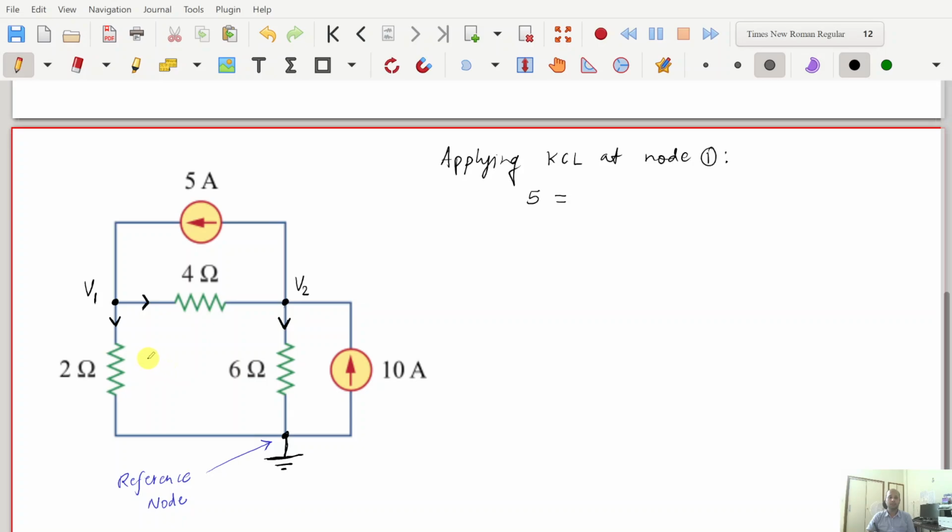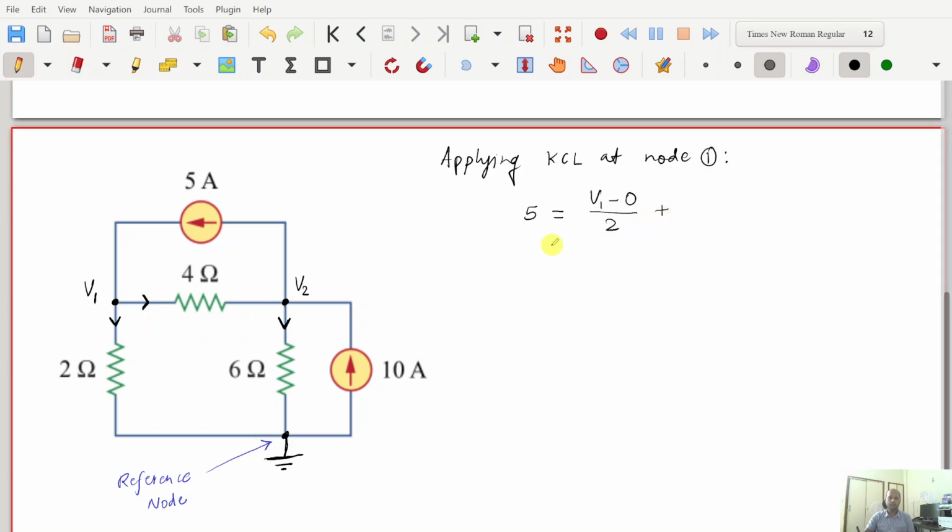current components. Now we'll write the value of current in the branch of the 2 ohms resistor. Current flows from high to low, as we have seen in the previous slide. Then we can write (V1 minus 0) divided by 2. That's it for the branch with 2 ohm.